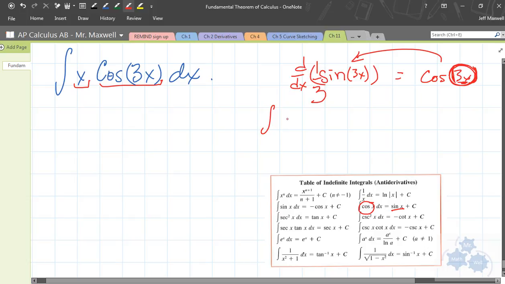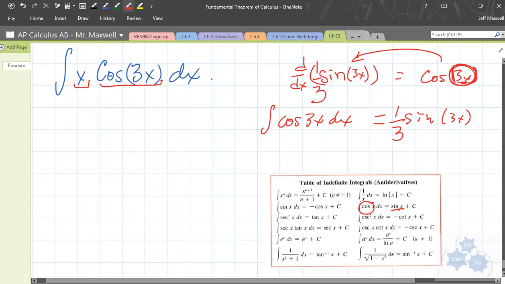So the integral of just cos of 3x dx is going to be cos goes to sine. You leave the input in there. And then because you don't want a 3 at the end of it, you have to put this 1/3 here. So you have to counteract what would be the chain rule in differentiation. Okay? So that's that.